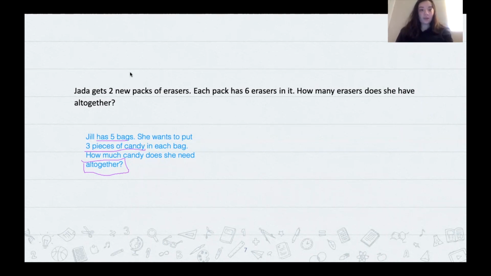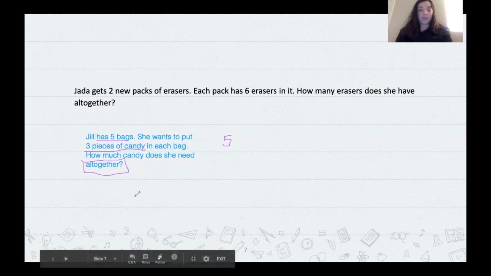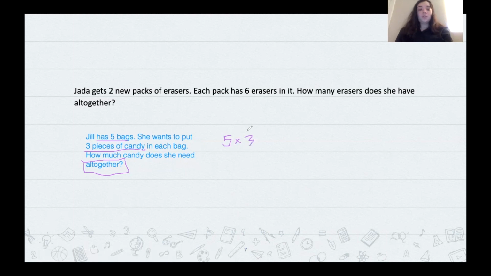So first thing I'm going to do is I decided it was a multiplication problem because it had the words all together. So I'm going to write my multiplication sentence. I have 5 times 3 equals a number. And I'm going to use an array to solve this problem. So I'm going to make 5 groups of 3 because each bag has 3 pieces of candy in it.